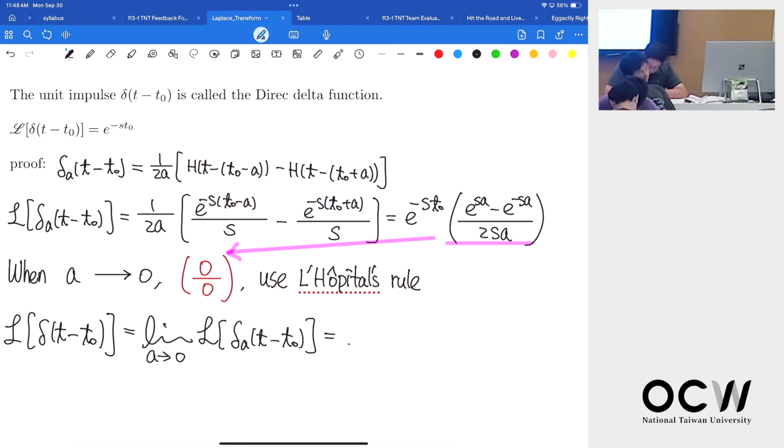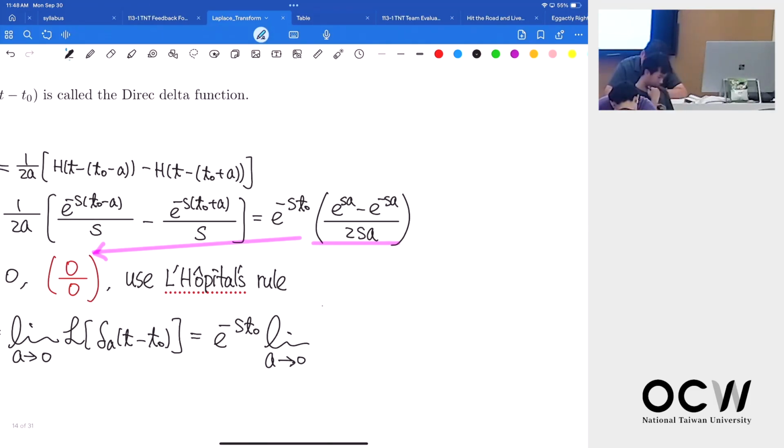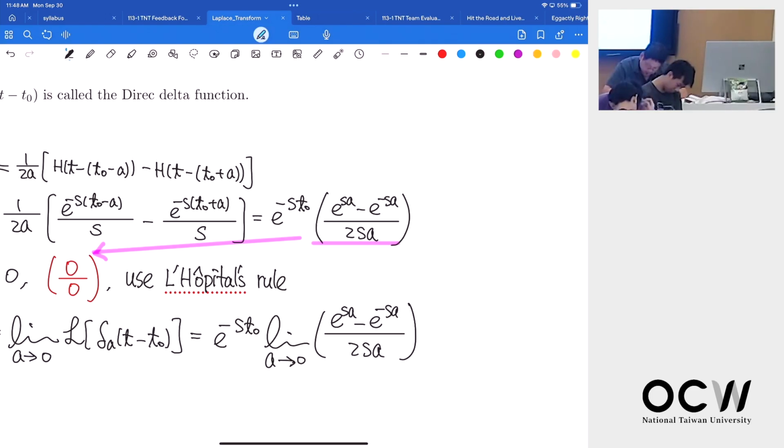So it is e to the minus s t naught, limit as a goes to 0 of (e to the sa minus e to the minus sa) over 2sa. L'Hopital's rule, what is that?